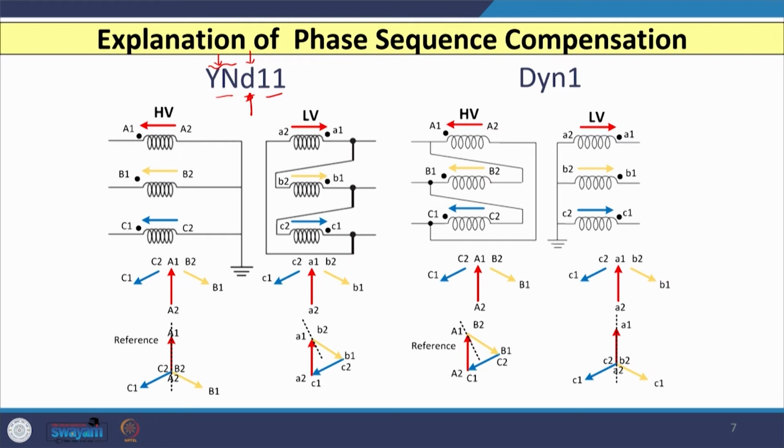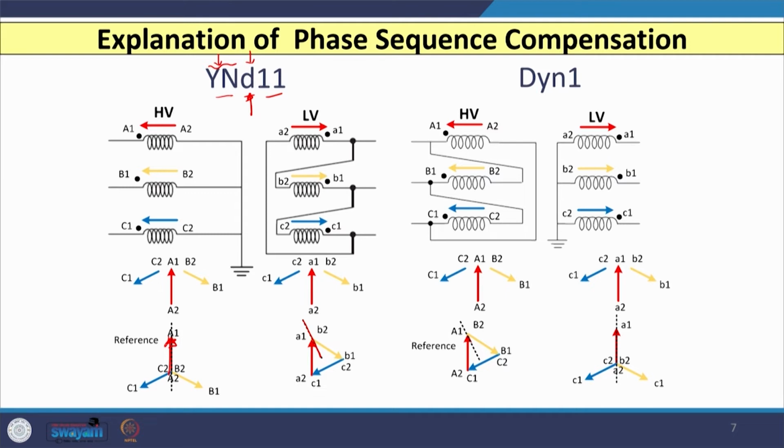We have already discussed that if I draw the phasor diagram for this star grounded neutral delta 11 connection, the reference phasor is always with the HV winding, that is star, and the delta side or LV side phasor is like this. So, we have an 11 o'clock connection, and your LV winding phasor is leading with reference to the HV winding phasor by an angle of 30 degrees.